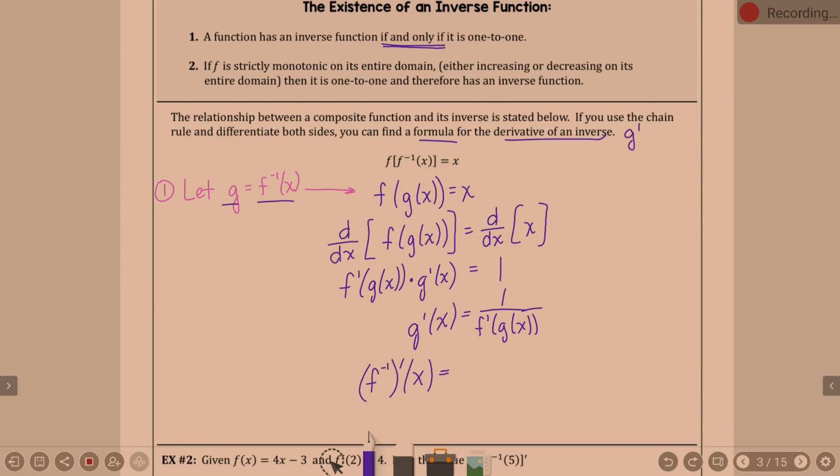You have to be careful not to confuse the derivative and the negative 1. And then it's going to be equal to 1 over f prime of, instead of g though, I'm going to go back to f inverse of x. That's our official formula there. And now you can maybe see why it's not unusual for them to substitute G for F inverse, because it's kind of confusing otherwise.